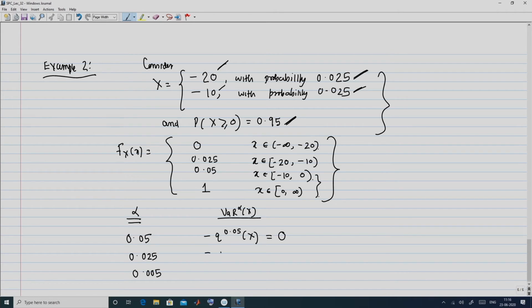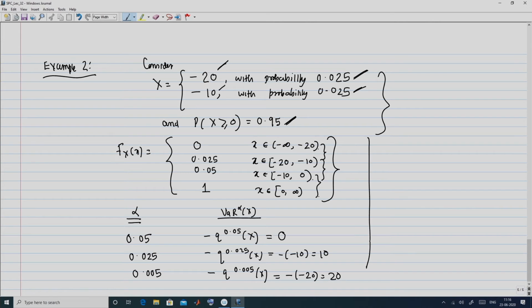In the second case, it is going to be minus q of 0.025 of x, and so from this we get that this is going to be minus of minus 10, which is 10. And finally, we get the last VaR to be minus q of 0.005 of x, and this is in this particular range. So, this is going to be minus of minus 20, and this is going to be equal to 20. So, why did I do this example?